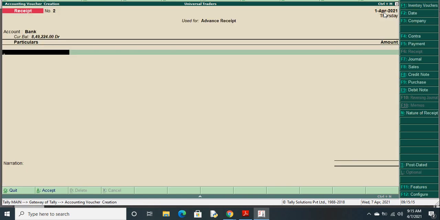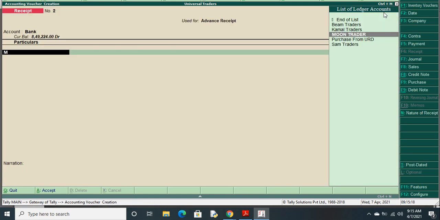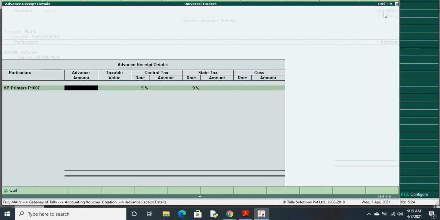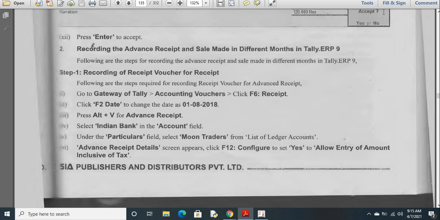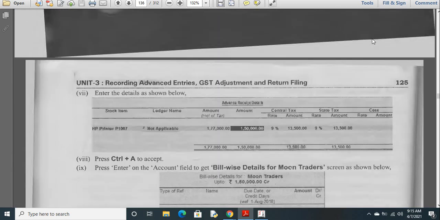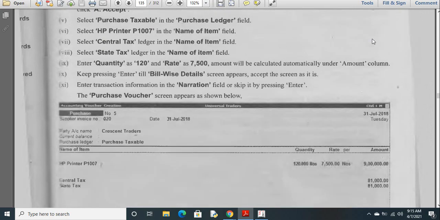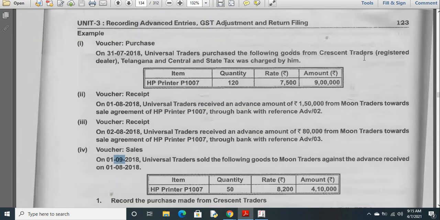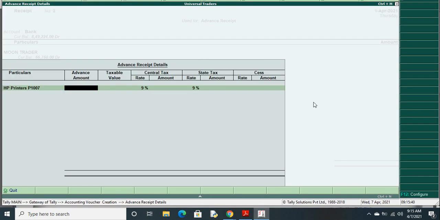We have received from Moon Traders. This is advance receipt details for HP printers. First we have received 1,50,000 as advance.